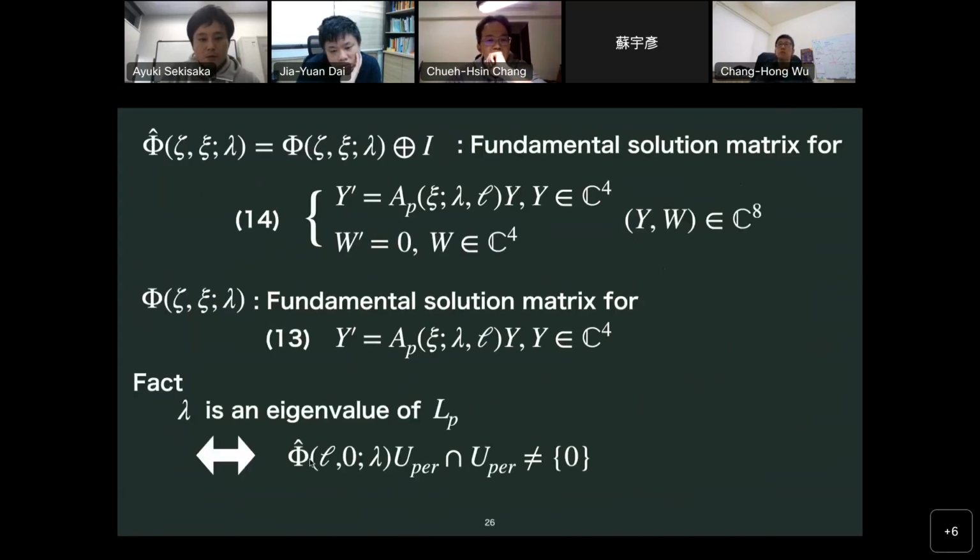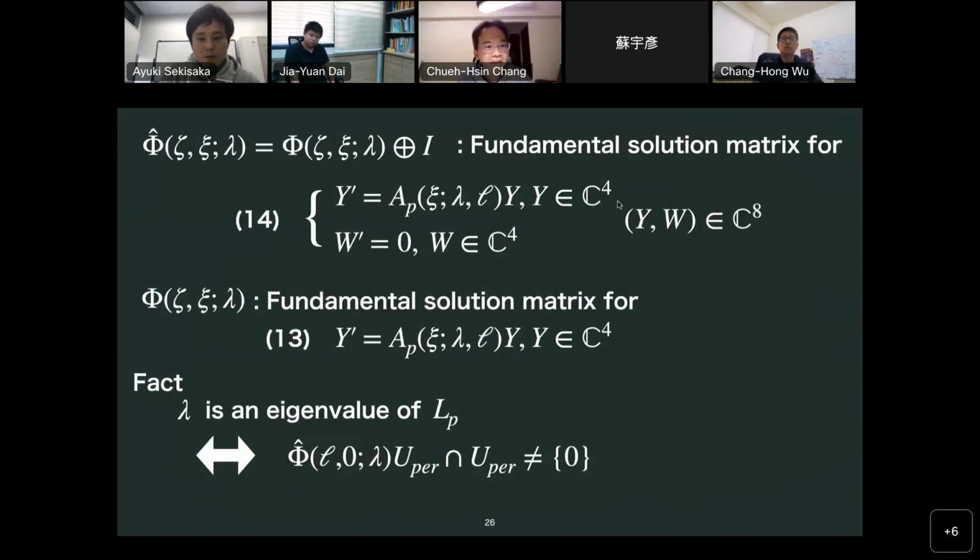Your question is why lambda is an eigenvalue if and only if this intersection is not trivial. I also don't understand.